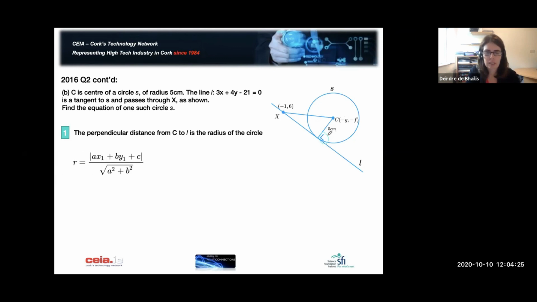We know that the radius is equal to that. And for the line L, we're going to identify our A, B, and C, being very careful with our positives and negatives to be able to populate this equation. And we know that for the point C, we're looking at the center of the circle, and for now we just know that that's minus g and minus f.